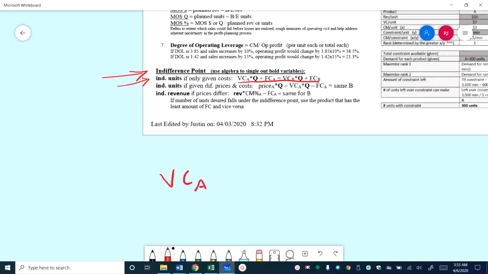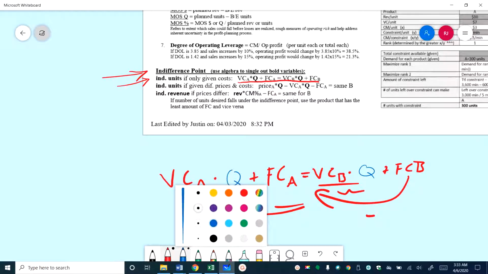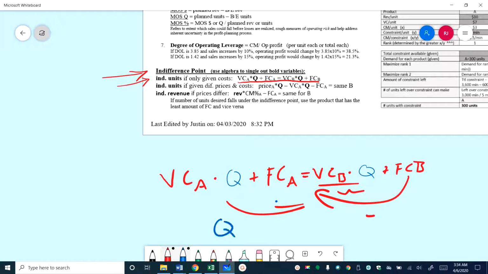So variable cost A times the quantity, which is the bolded variable, plus the fixed costs of A equals the variable cost of B times that quantity again, plus the fixed cost of B. And you just want to rearrange this. So subtract this, divide these, and so until you end up with Q equals a number. Great. So that's how you solve that.